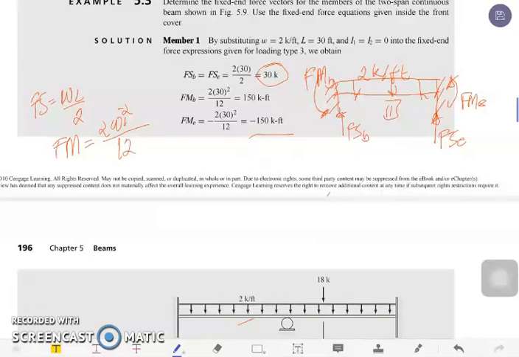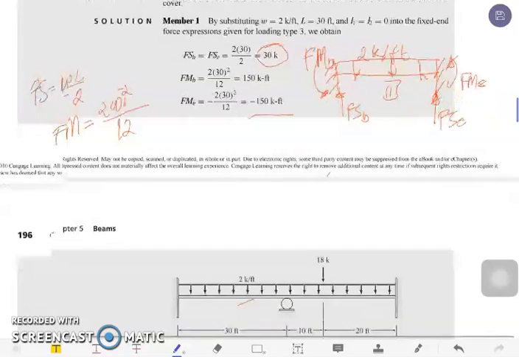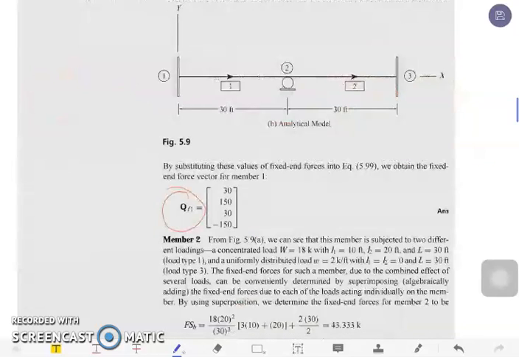If we're going to write that in matrix form, you have now your Q's of F. This is our member fixed end forces, Q's of F sub 1, to denote that 1 refers to member 1.